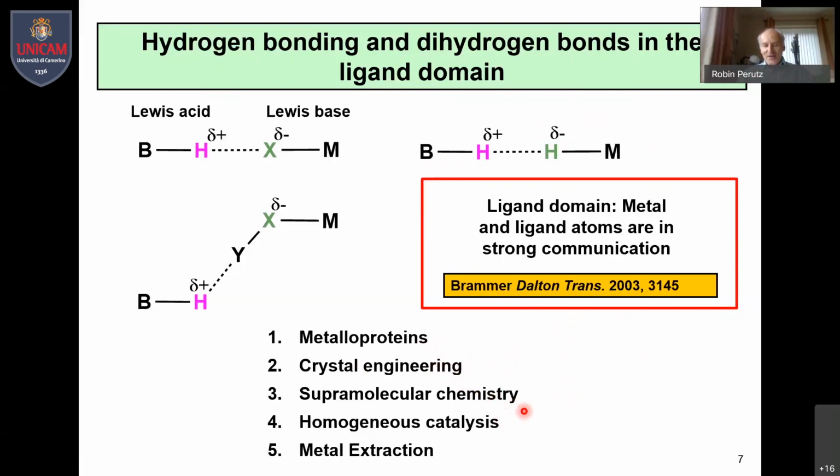Supramolecular chemistry, you heard about that from Jean-Marie Lehn. Homogeneous catalysis, of course. Perhaps less well known is that the reagents used for metal extraction are often based on hydrogen bonds. So let's have a look.